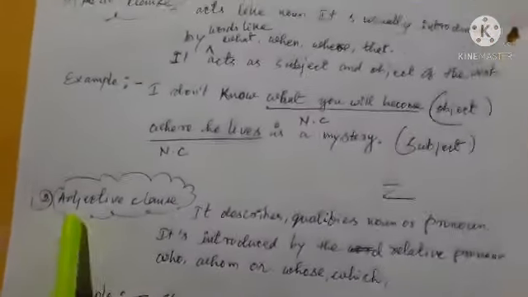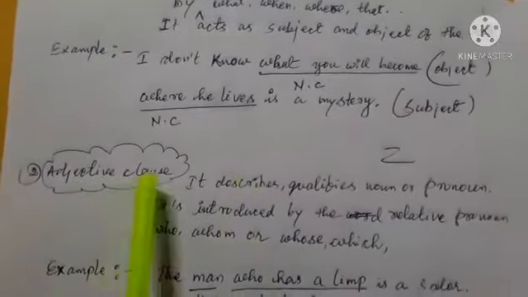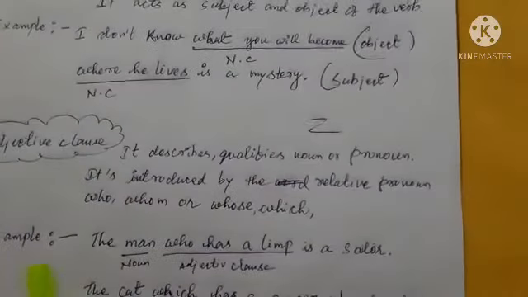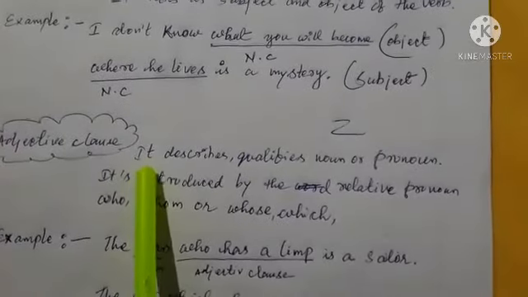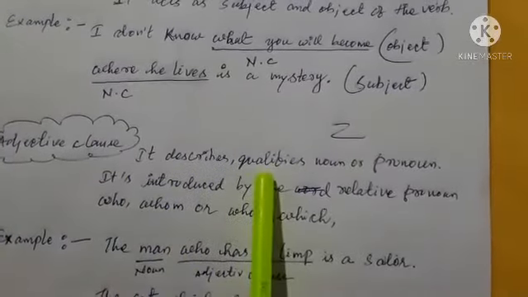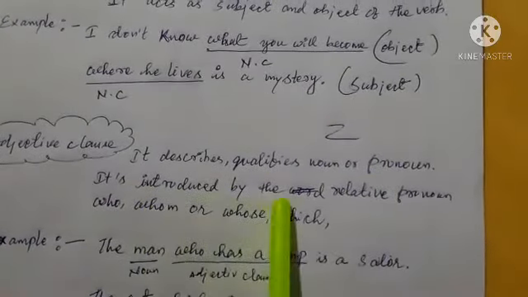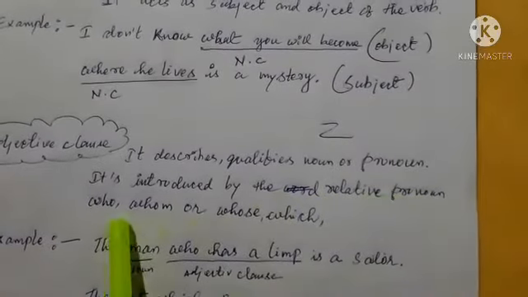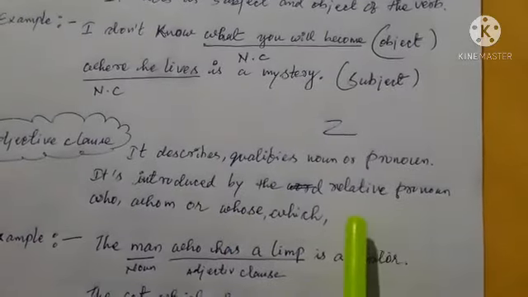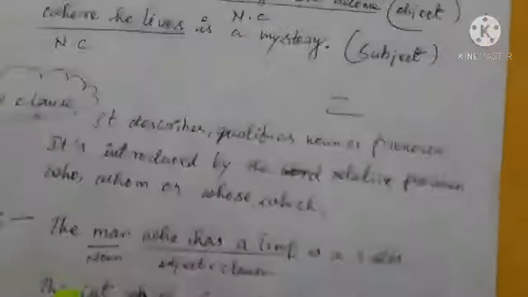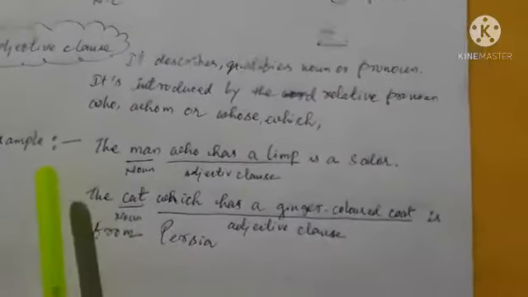Now let us see the second type of clause, that is the adjective clause. So what is an adjective clause? An adjective clause describes or qualifies a noun or pronoun. It is introduced by the relative pronoun who, whom, whose, or which. Let us understand by taking an example.